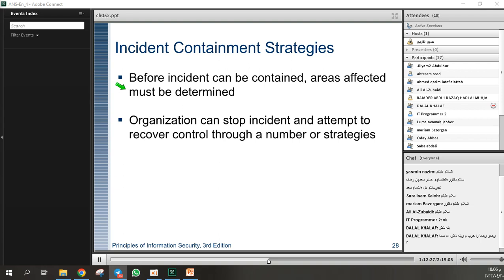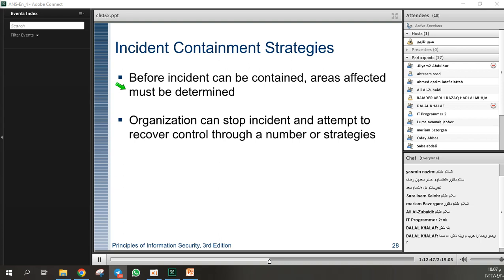If it happens, the electrical circuits would be affected. For example, the natural gas pipes would be affected. The water pipe would be affected.